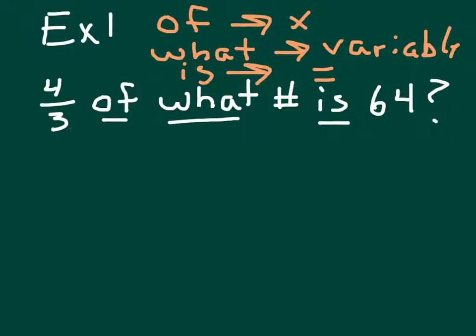So again, the word of in math means to multiply, so we replace the word of with a multiplication symbol. We replace the word what with a letter or a variable, and we replace the word is with an equal sign.